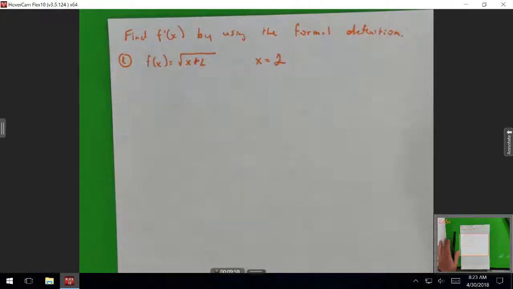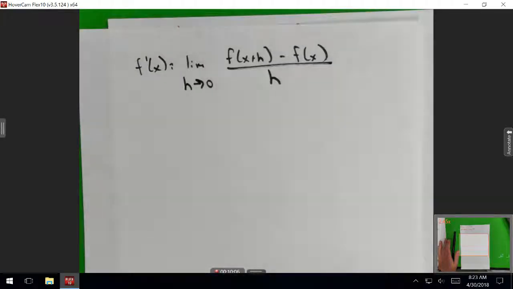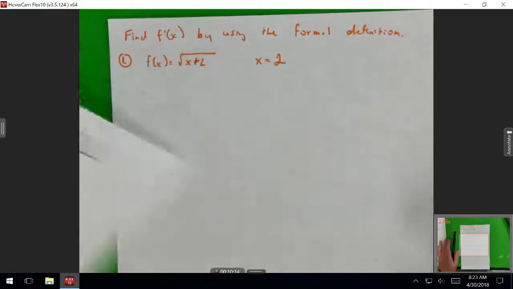And we all by now should know the formal definition of a derivative. f prime is equal to the limit as h approaches 0 of f of x plus h minus f of x over h. Make sure you know that, okay? So here we go.